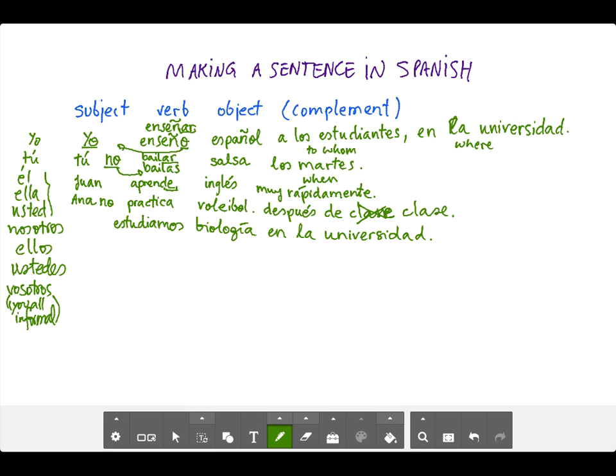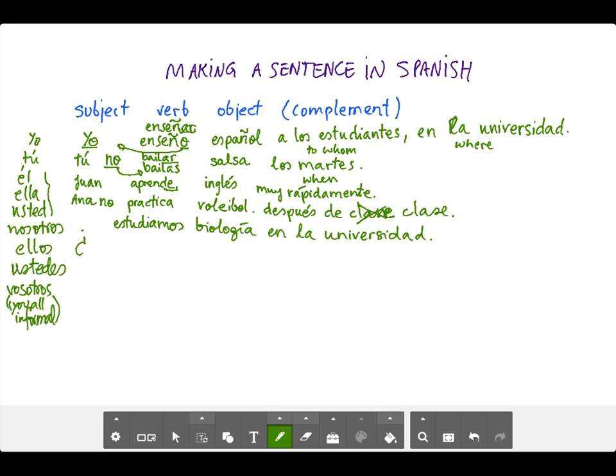Now maybe we want to ask a question about, do they study something? So of course in Spanish you start the question with an upside down question mark, and then you can either skip the verb or you invert the order and place the verb before the subject.